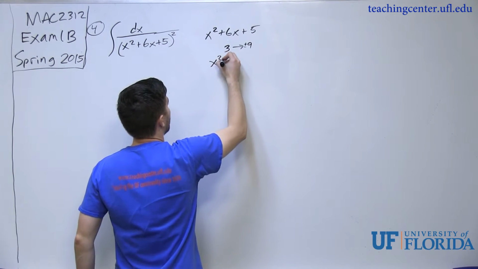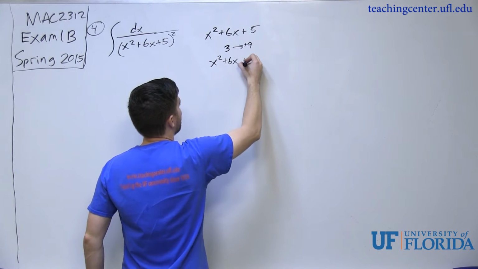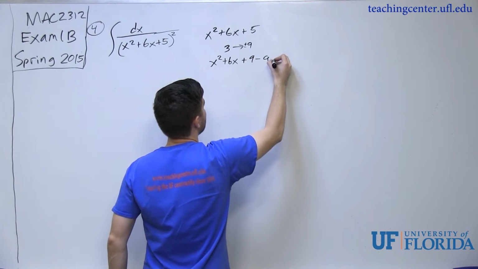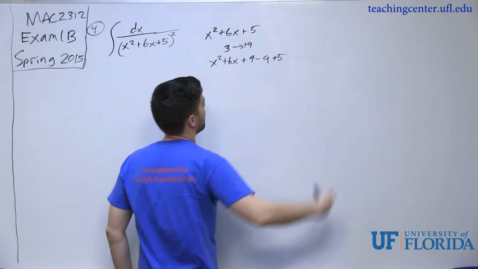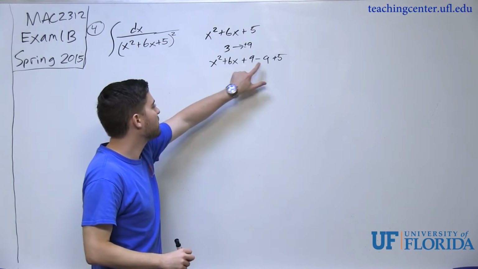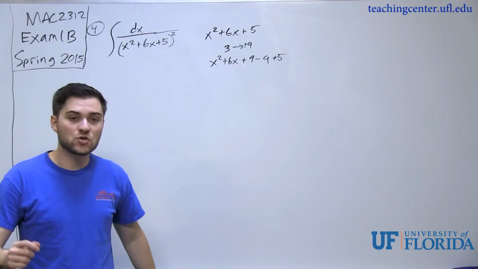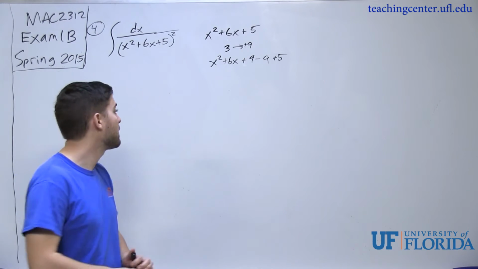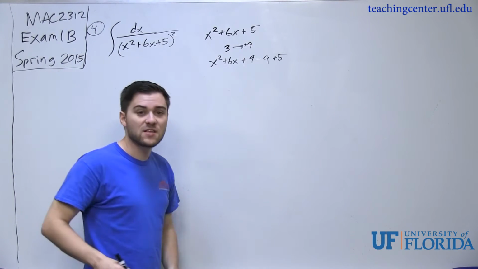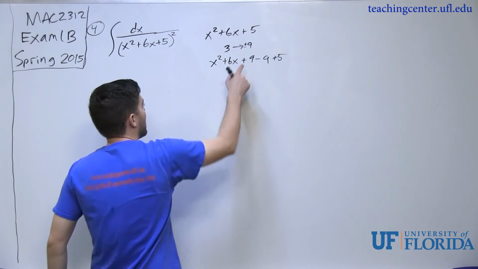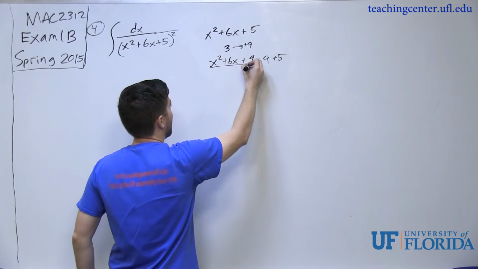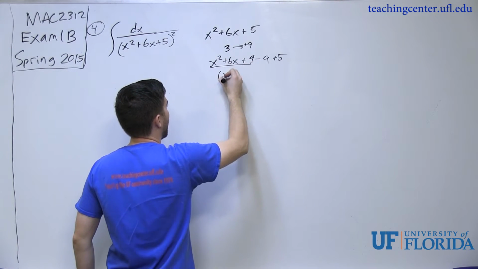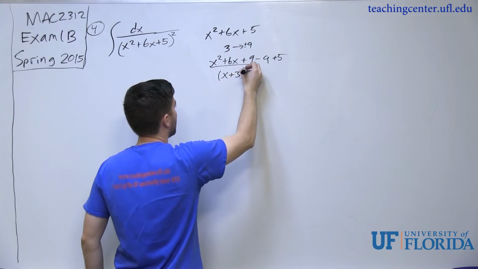So I have x squared plus 6x plus 9 minus 9 plus 5. Now one of these terms that I added is going to complete that square and turn it into a perfect square that I can then factor. In this case, the plus 9 is the one we're looking for. If I write this as a perfect square, I get x plus 3 quantity squared.